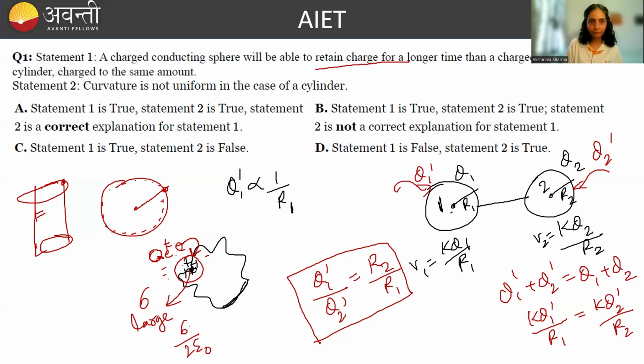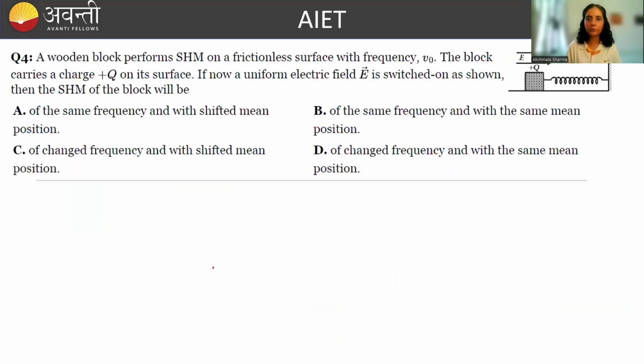So statement 1 is true, statement 2 is true, and statement 2 seems like it is explaining statement 1. So which correct option should we go with? The correct option should be A. Okay? Chalo. Now let's move on to the next question.